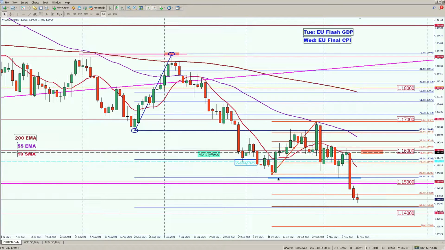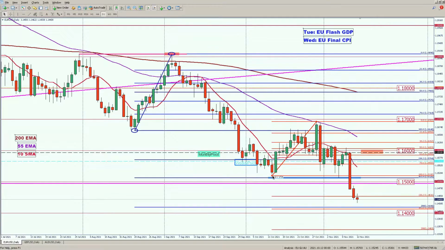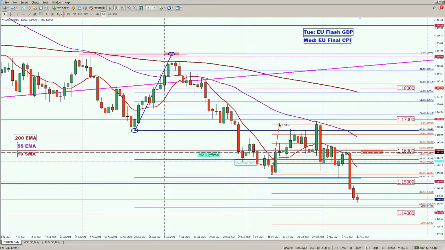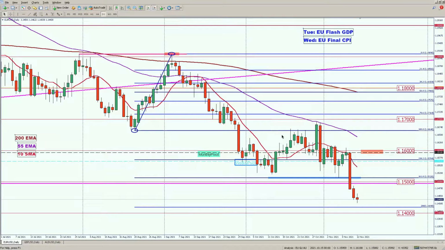So that could be another short-term fib you can use. Now let's remove that first.